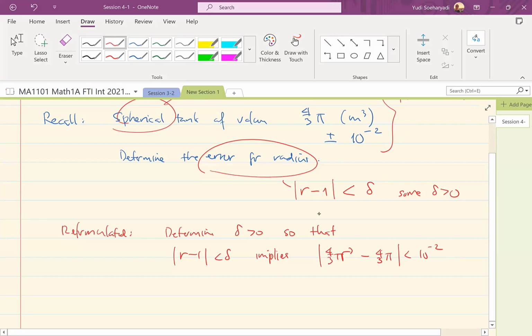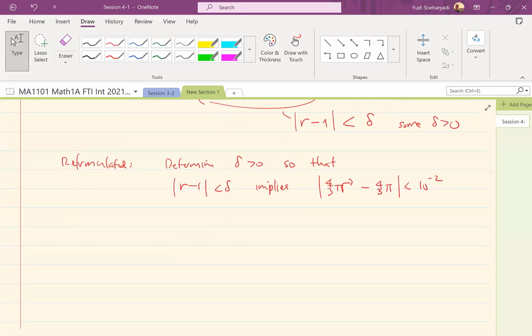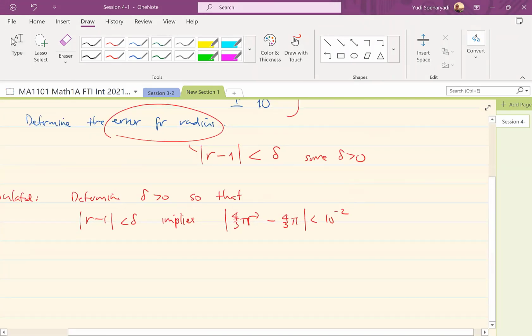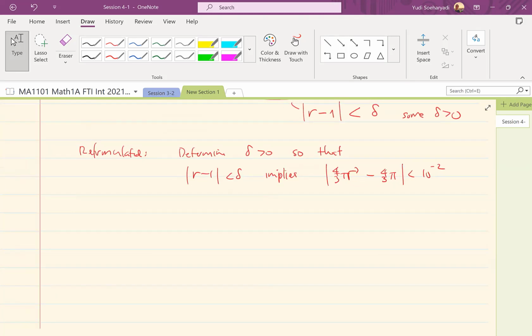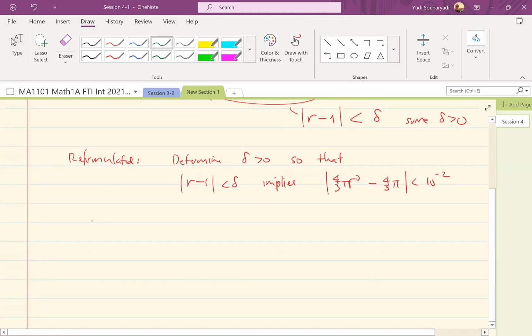All right. So what we did at the time, okay? So what we have is you compute this one, simplify this one. Okay, right? And we take the 4/3 pi out, factor this out, and you ended up with this.